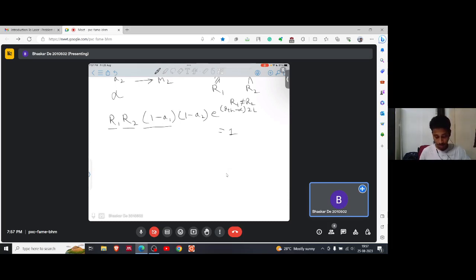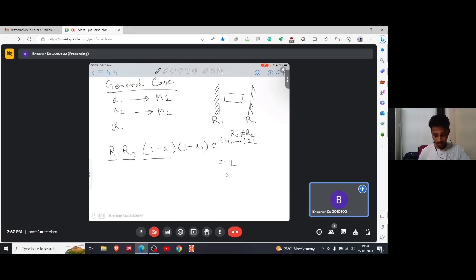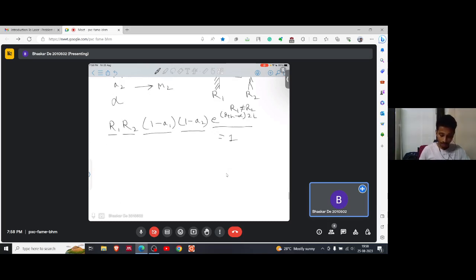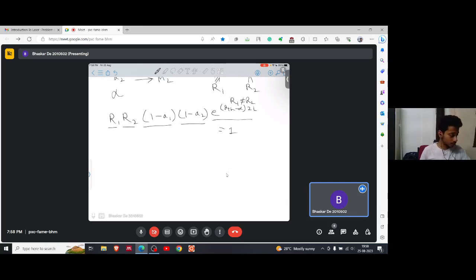Then 1 minus a1 is the beam that survived after suffering the loss a1 from mirror 1, and this is the part of the beam that survived after the reflection from mirror 2, and this is the gain, which also has a loss part, that is alpha, e to the power minus alpha 2l. So multiplying all these terms should be equal to 1 to find the threshold gain.